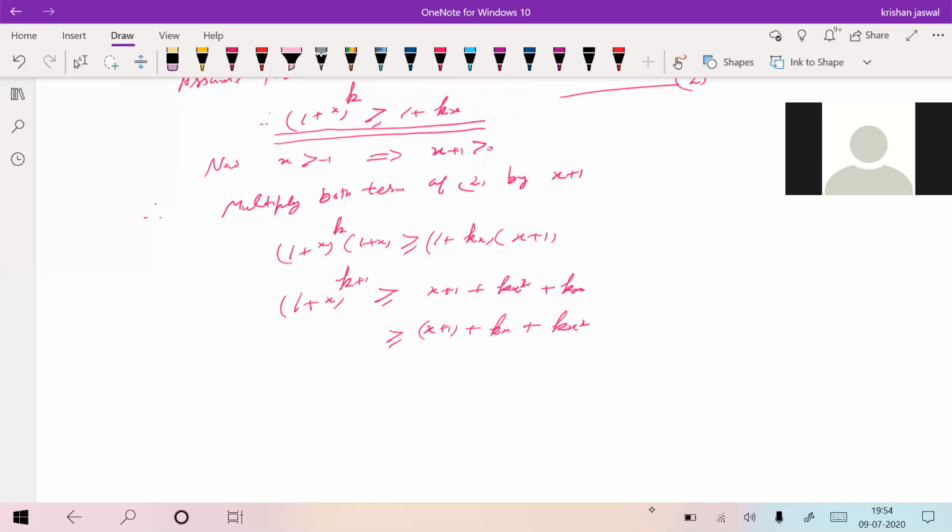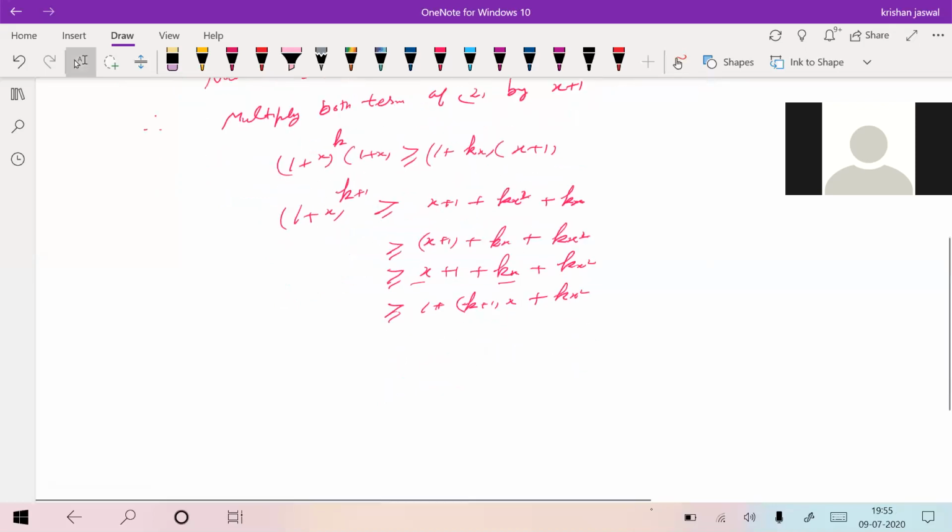Now compare with the given statement, 1 plus x power k plus 1 in place of n, greater than 1 plus. We can write it as 1 plus x is common, k plus 1 x plus kx square.